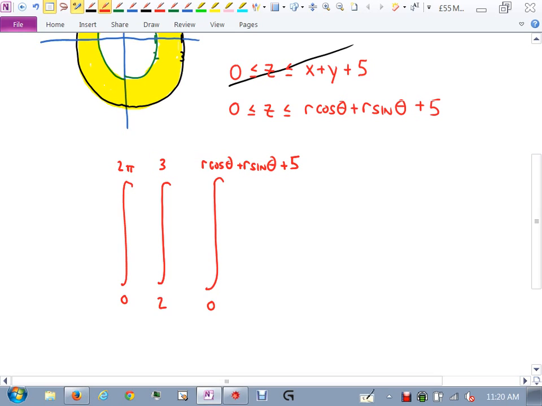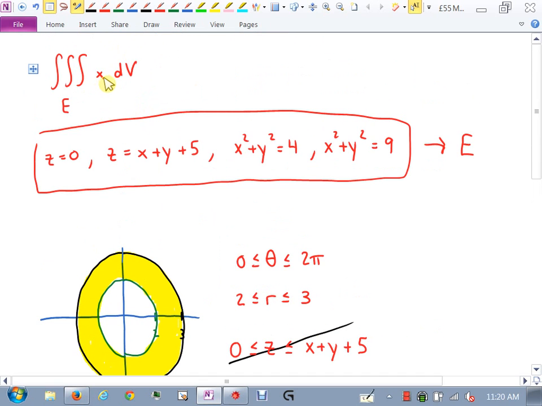What am I integrating? What's the integrand? They wanted x, right? Can I just plug x in? No, I have to replace x with r cosine theta. That's the x that I'm integrating right here. Now I need to write the dV.